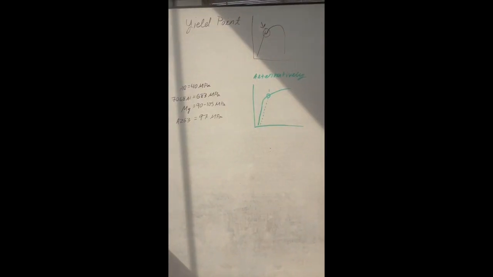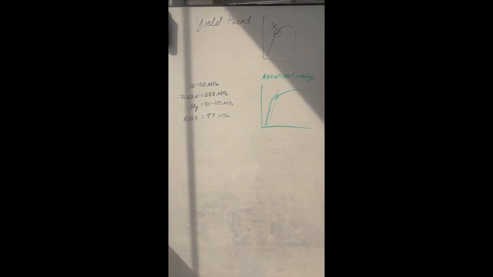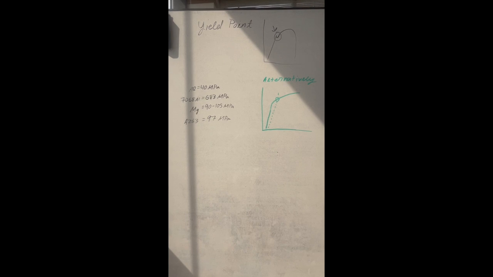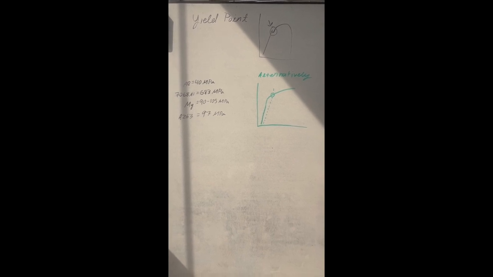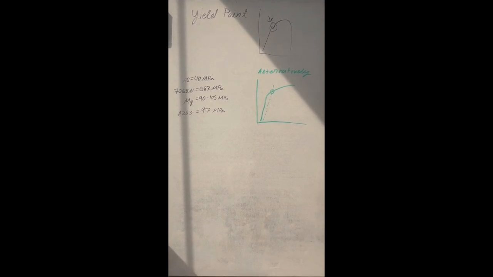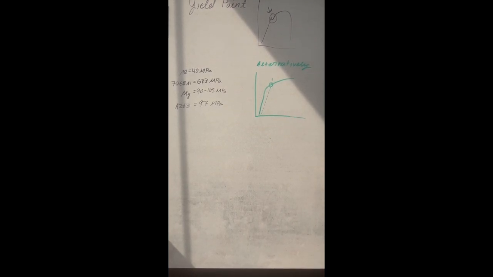So establishing a yield point, which is the point at which a material's behavior transitions from elastic to plastic, is easier in some materials as compared to others. Some materials will not have a clear yield point, so to establish one we'll draw a parallel line starting at usually 0.2% of strain, and where the line intersects, that's our yield strength.